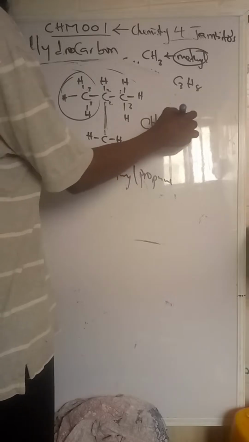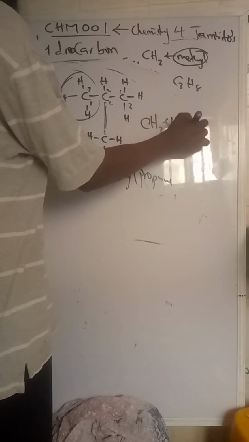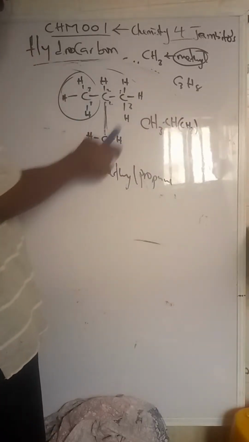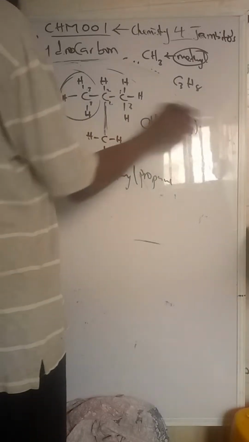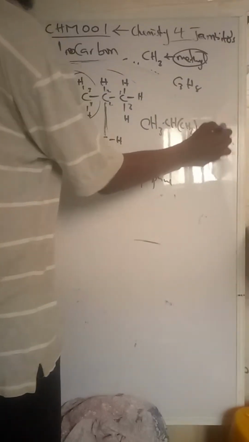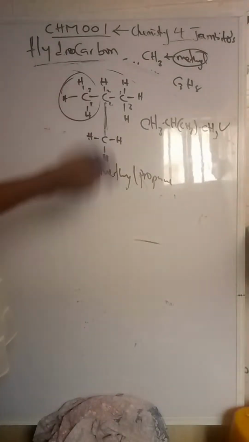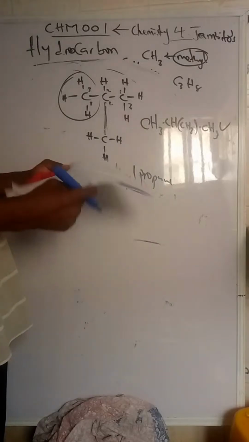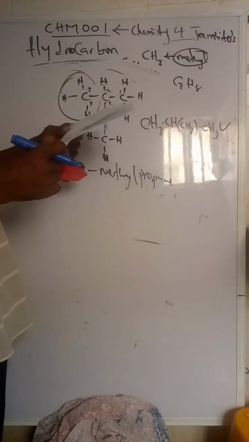CH, then you can now have CH3 because of this one. This one that is branch will be inside the bracket, then CH3. So it is correct this way, okay? It is necessary to always put this point too. Yes, it's necessary. Alright, let's move on to the next one.